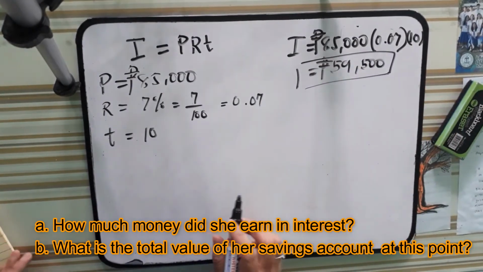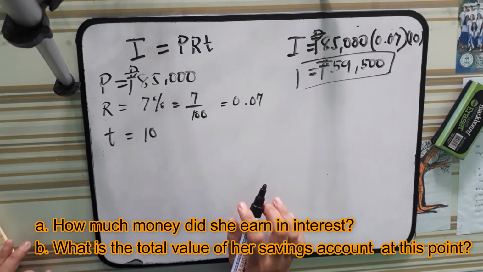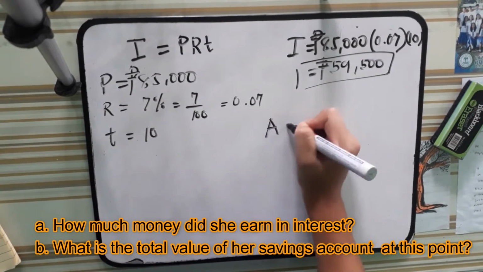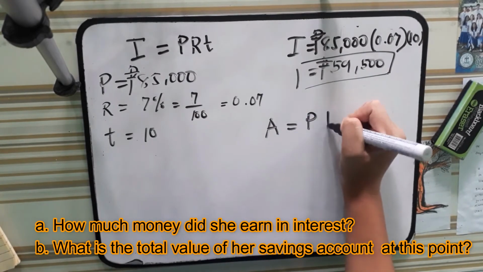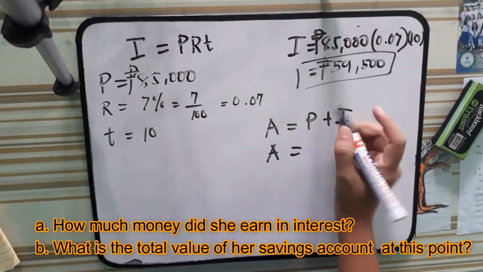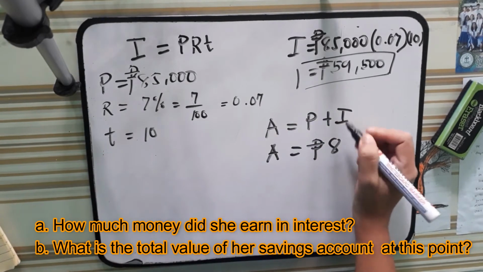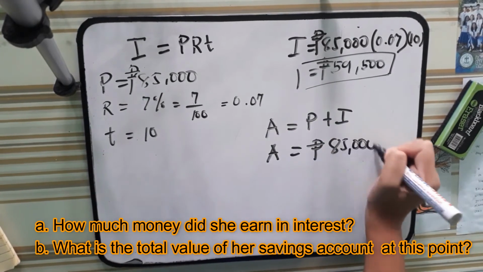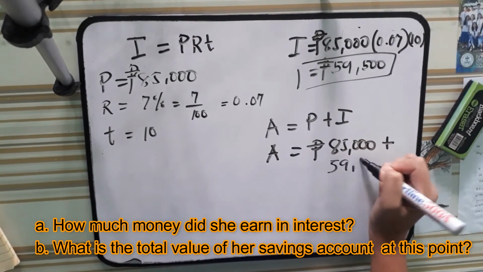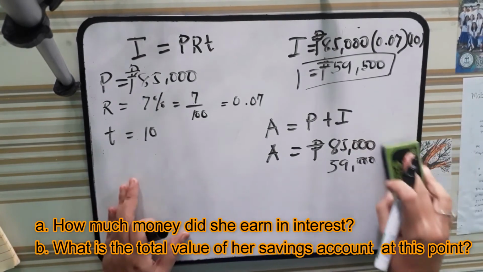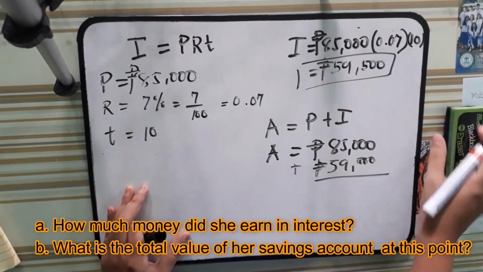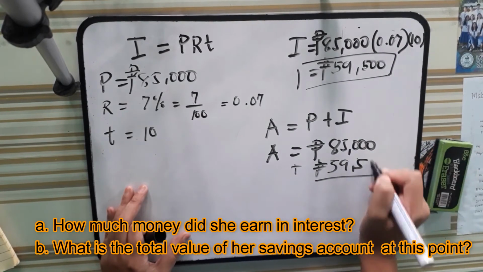Now, for the second question, we need to find the amount of her savings at the present point. We're going to use A equals the sum of the principal and the interest. So, A is equal to the principal, which is 85,000, plus our interest, which is 59,500.